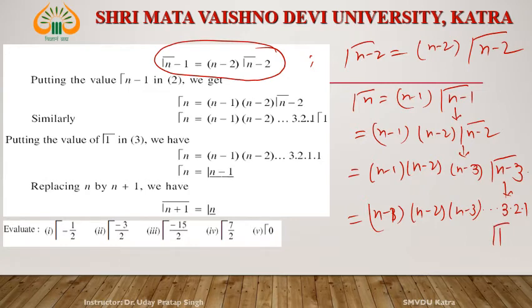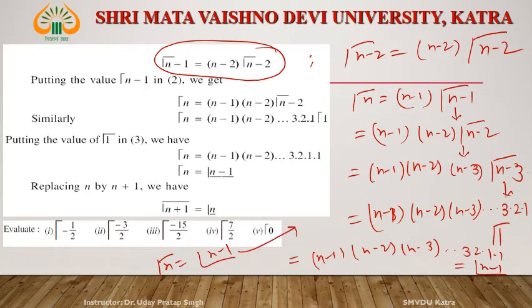Gamma of 1 is 1. So this becomes n minus 1 n minus 2 n minus 3 and so on, 3 into 2 into 1 into 1, which is nothing but factorial n minus 1. So gamma n is equal to factorial n minus 1. Replacing n by n plus 1, gamma of n plus 1 is equal to factorial n.